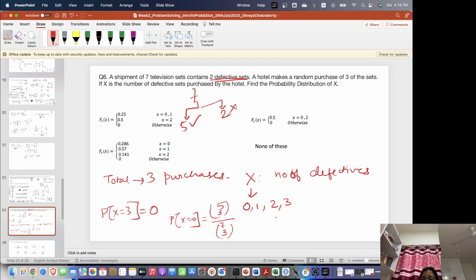Okay. Similarly, probability x equal to 1 means total out of 7 I am choosing 3. That's all possible situations. 1 I am choosing defective, so that one should come from the 2 defective sets. And the other 2 should come from the good sets.